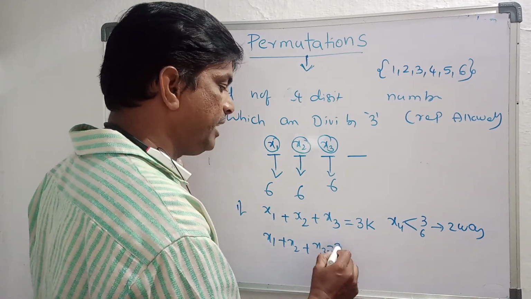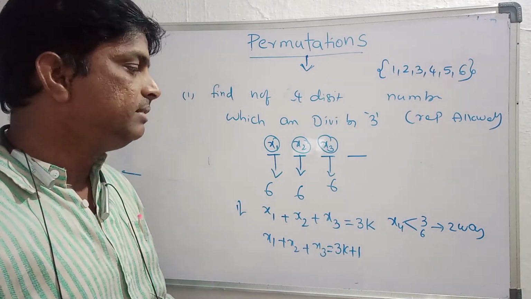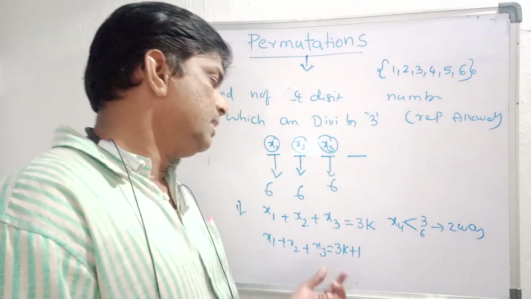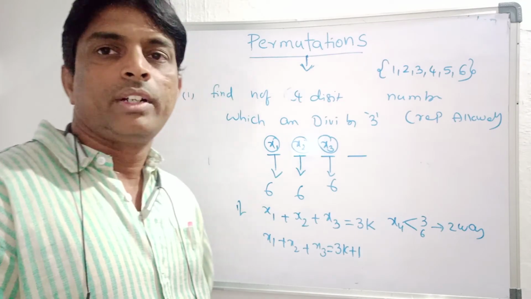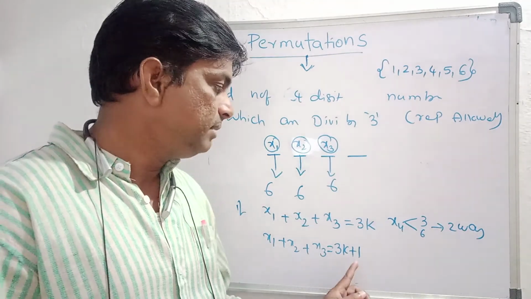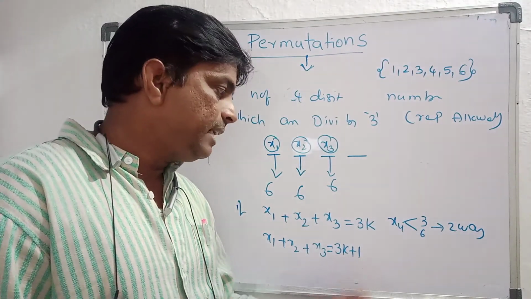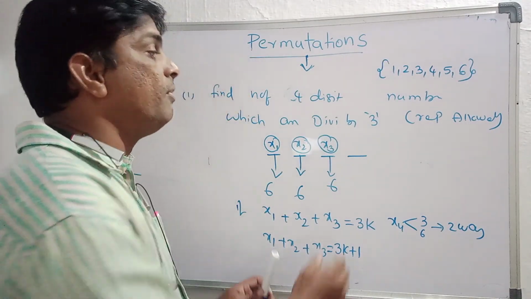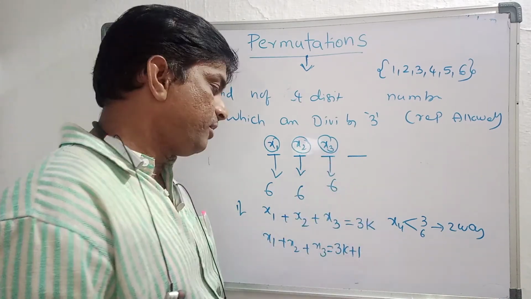Let's suppose x1 plus x2 plus x3, when divided by 3, is of the 3k plus 1 form, that is, a number which leaves remainder 1. Now can you tell me how to fill the last place?